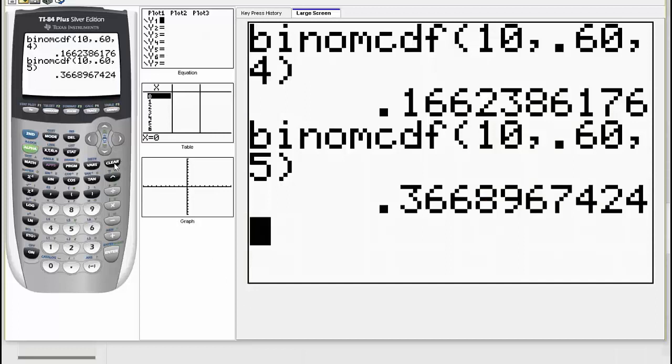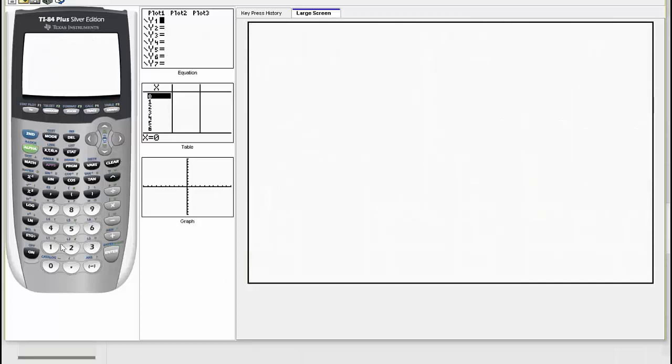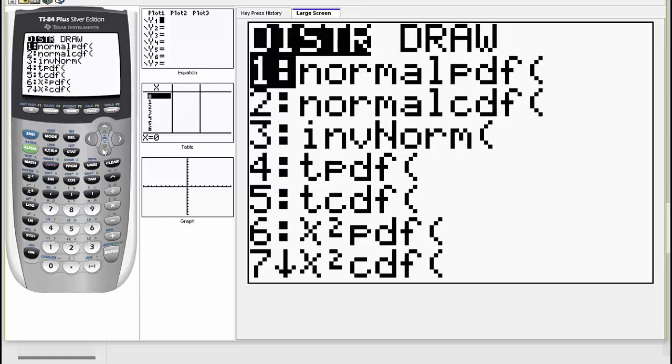So what we're going to do is go to the calculator. The first thing we're going to do is type in that 1 subtract, because it's easily forgotten. So type in your 1 subtract first. Then second vars, and we go to Binomcdf.